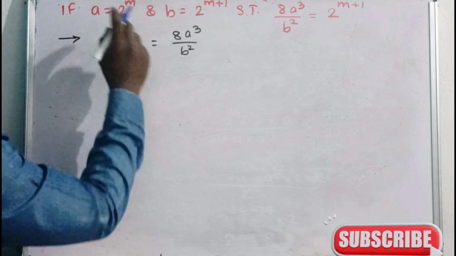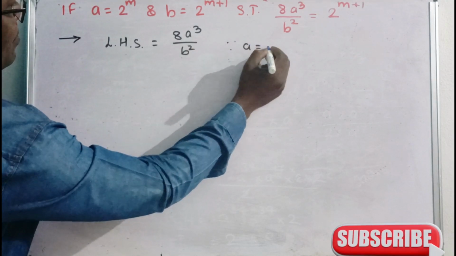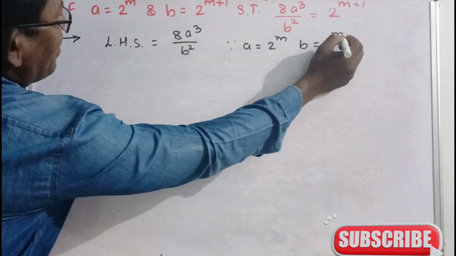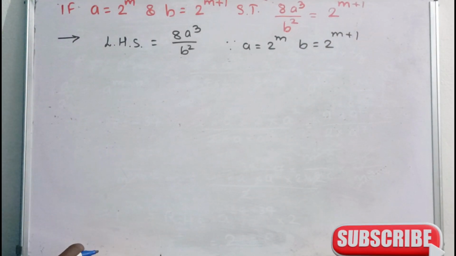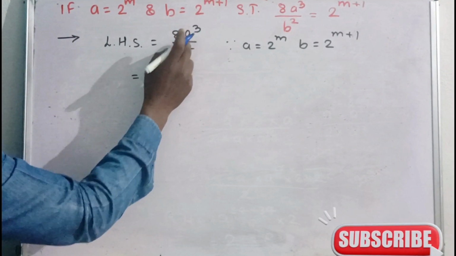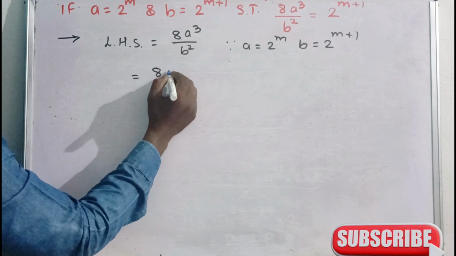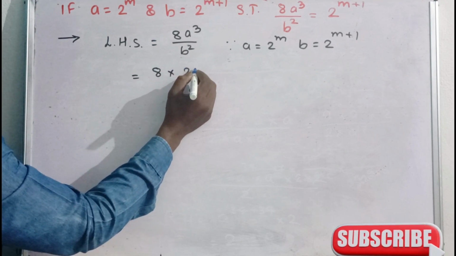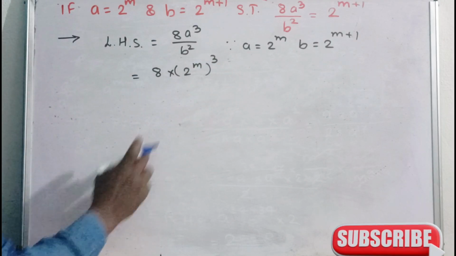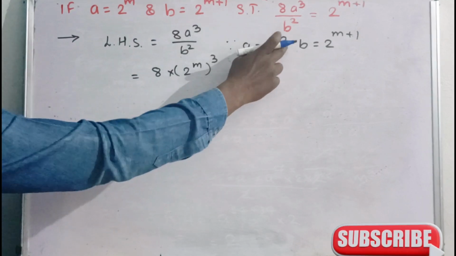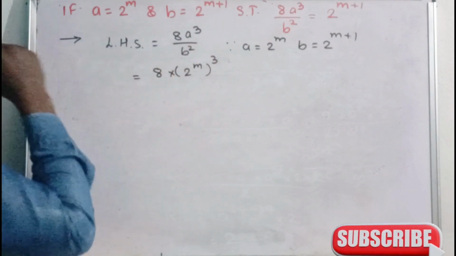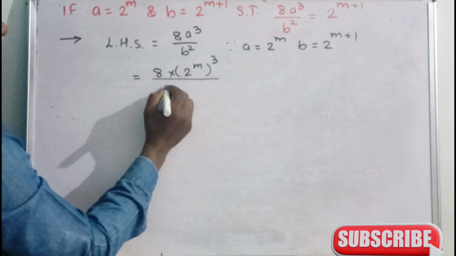But what is the value of a here? Here a is equal to 2 raised to the power m and b is equal to 2 raised to the power m plus 1. Then it is equal to 8 into 2 raised to the power m raised to the power 3. 2 raised to the power m is nothing but the value of a, and a cube is 2 raised to the power m cube, divided by b square.